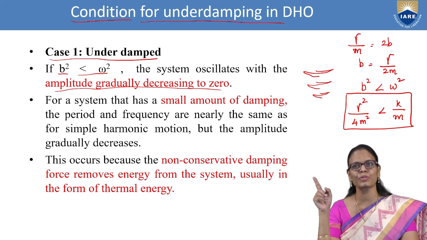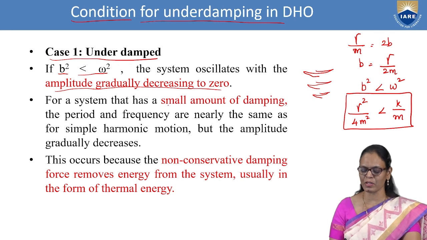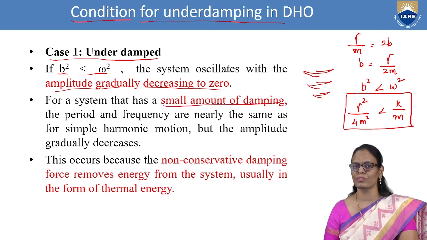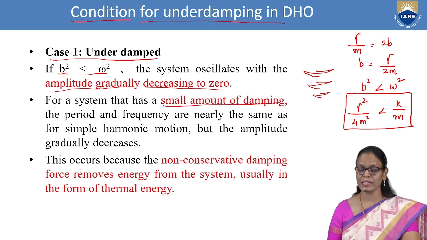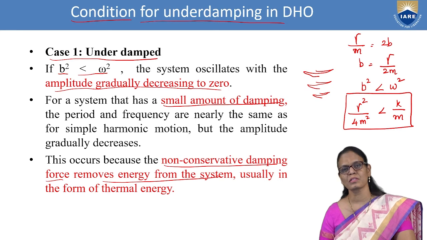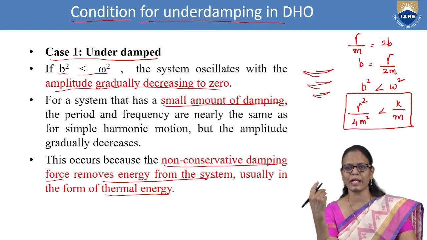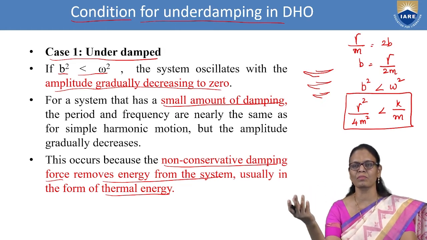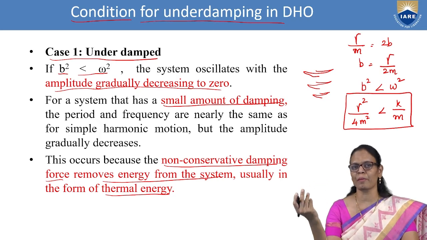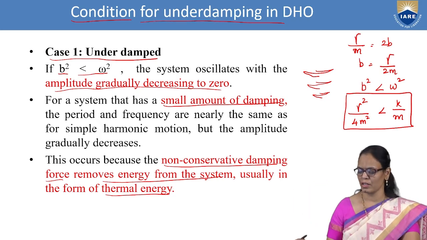Only thing is the amplitude goes on decreasing. This is in case of small amount of damping. Now, this occurs because the non-conservative damping force removes energy from the system, and it is usually in the form of heat. We call it thermal energy. So whatever heat is lost into the surroundings, that is how the damping forces are happening.